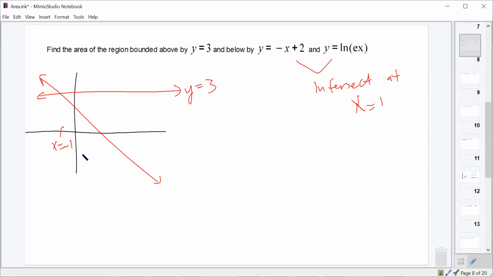So at x equals 1, something like that. Natural log of ex. So we're looking for the area of the region in between all three of those, right? So this area right here. And what's the problem that we've got?